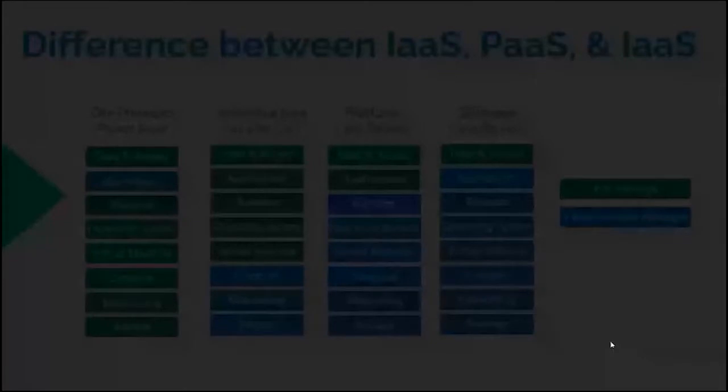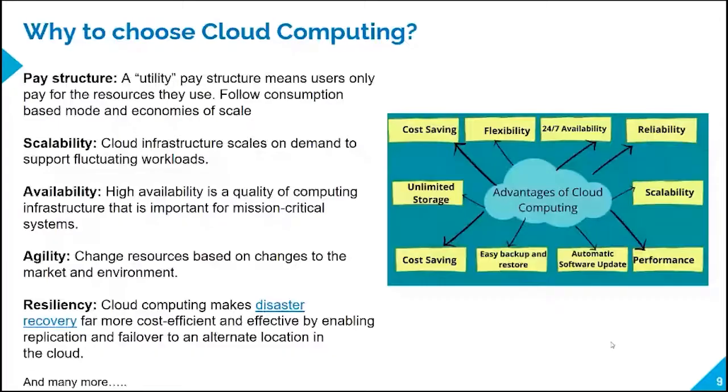Now, the question arises, why choose cloud computing over traditional computing? First, pay structure. A utility pay structure means users only pay for the resources they use, following a consumption based model and economies of scale. Now, what is a consumption based model? It means that you pay only for the resources that you require.